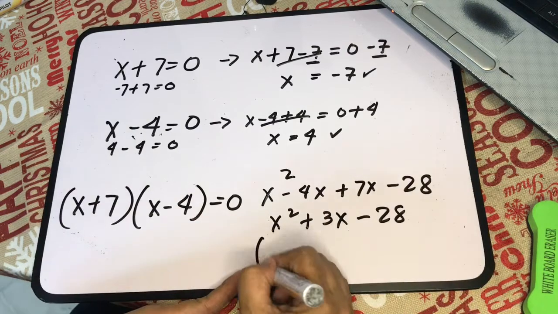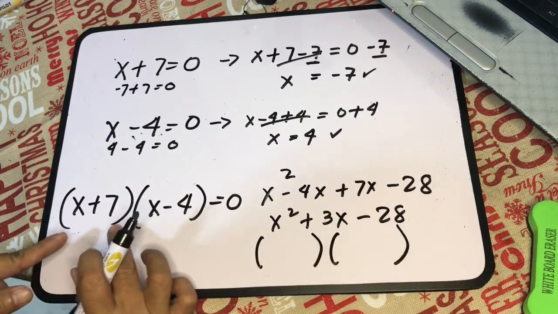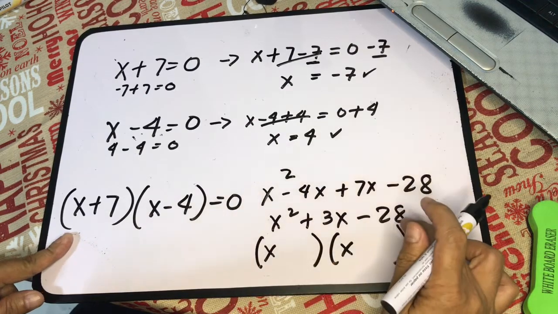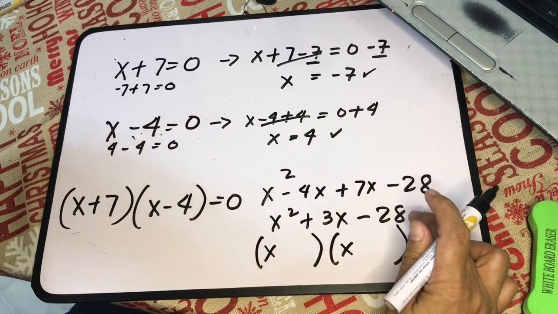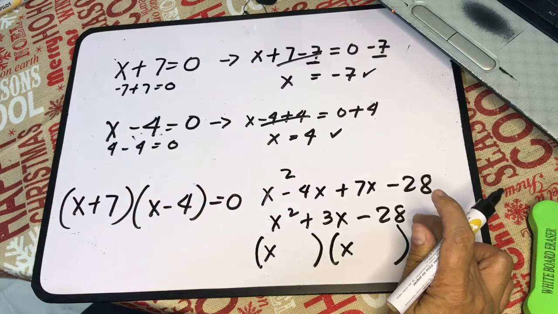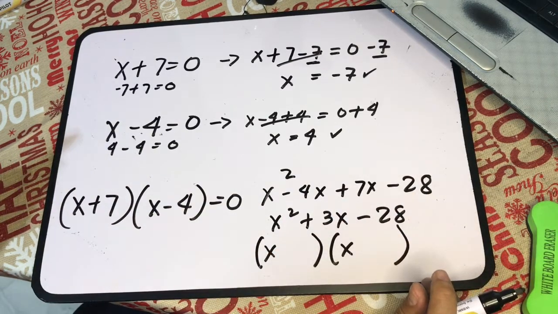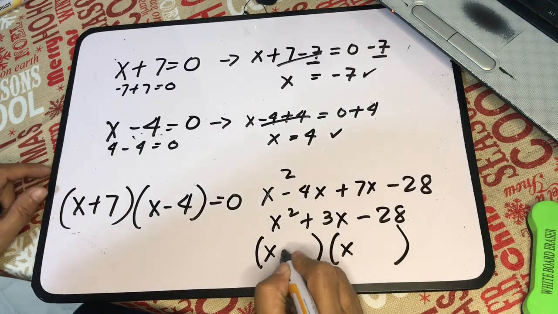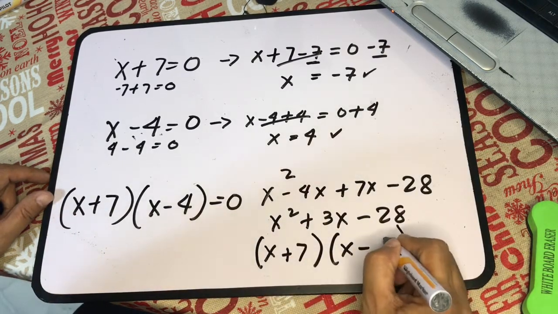And if you're going to factor, babalik tayo dito. What is the factor of negative 28 na kapag inadd mo will give you positive 3x? You have 7 minus 4 is 3x, so you have positive 7 and minus 4.